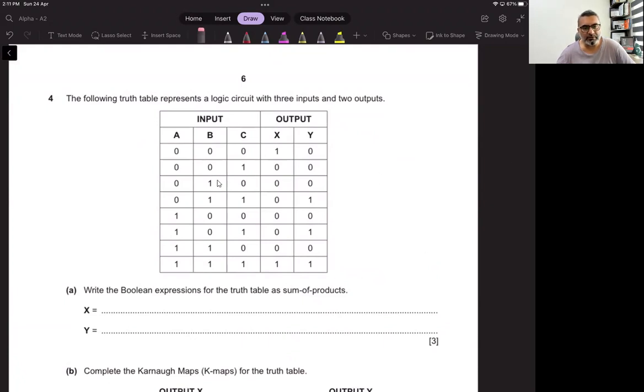So X is equal to A naught B naught C naught plus A B C. And Y is equal to A naught B C plus A B naught C plus A B C.